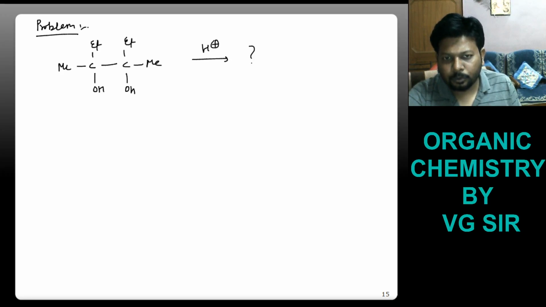So first of all you have to check the substituents. You can see both the carbons bearing the hydroxyl group are bearing the same substituents, that is one methyl and one ethyl. So any one can be protonated. So what will happen first?